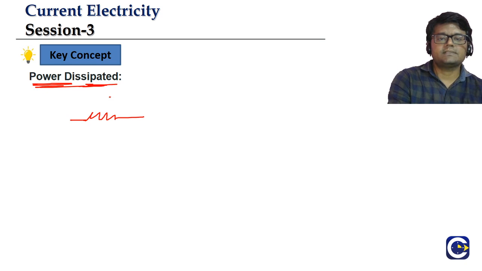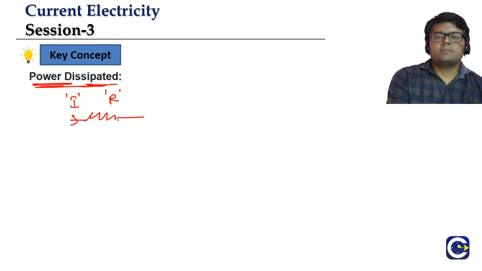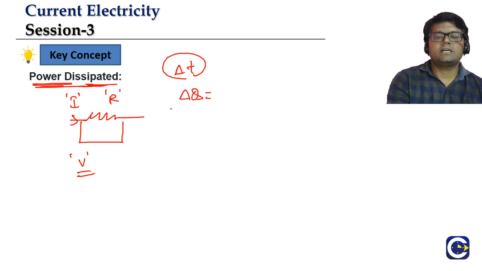We have a resistance whose value is R, and we are supplying some current I through it. When current is flowing, it is nothing but movement of charge across this component. Let us say the potential drop is V. In some time delta t, the amount of charge that would have moved is equal to I into delta t, because charge is equal to current into time.